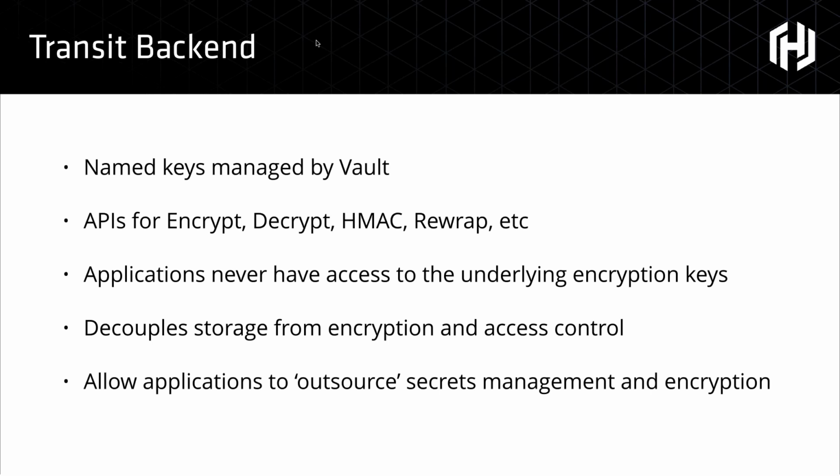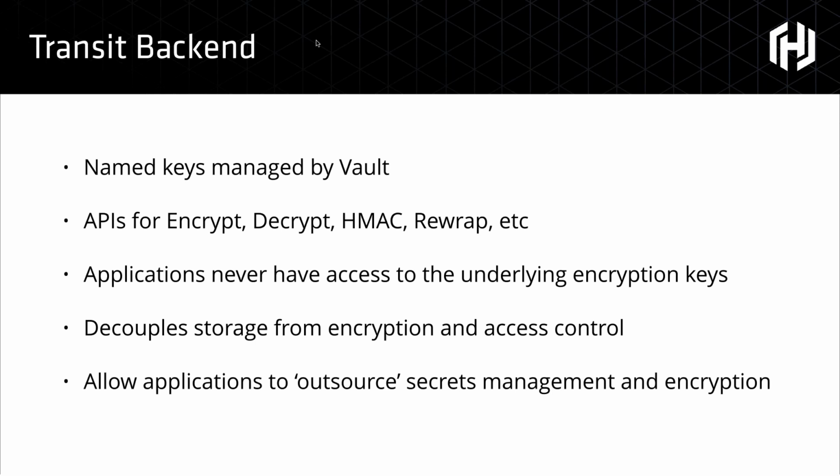So what Vault does is have a backend called Transit, which allows us to name these encryption keys foo, bar, baz, or name it after our application, maybe API. And then there are APIs that allow you to do operations using these named keys, such as encryption and decryption. This prevents our applications from ever having access to the underlying encryption keys, so we don't have to worry about them exposing them. And by leveraging the APIs, we don't have to worry about the applications implementing encryption, decryption and these other operations correctly.